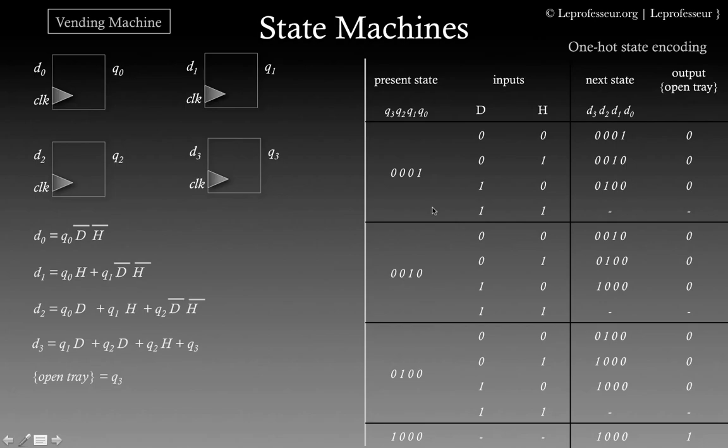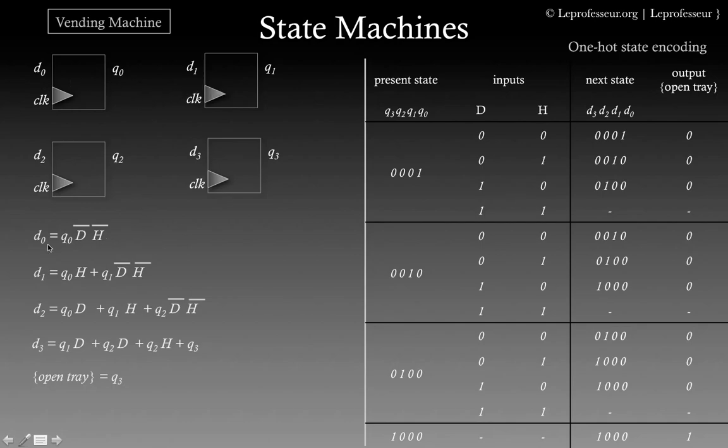Now, so we discussed so far binary encoded. In the same way, if we have one hot encoding for these states, it becomes easier to visualize these equations which are for next states or the inputs to the 4 flip-flops.